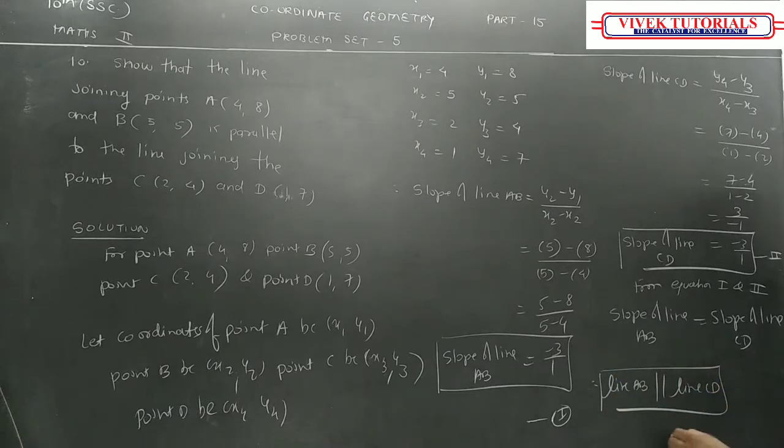The reason is that if two lines have equal slope, they are parallel to each other. This is the way we are going to write it. Copy it down properly.